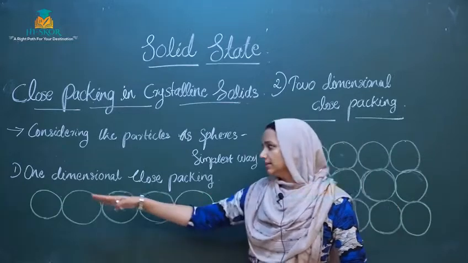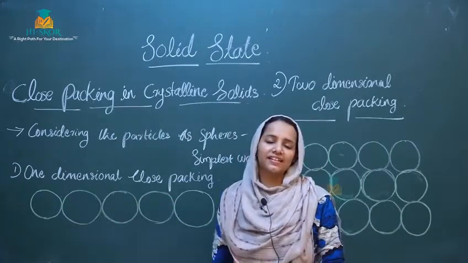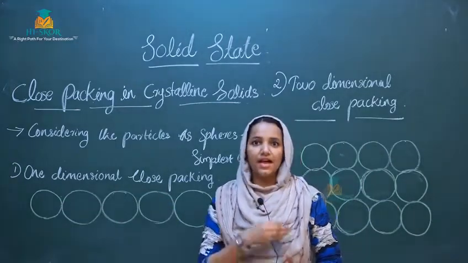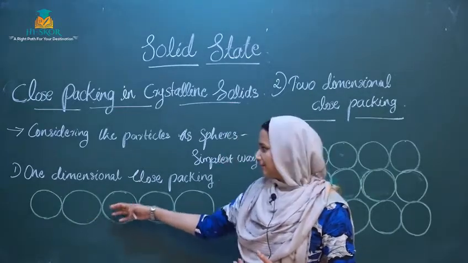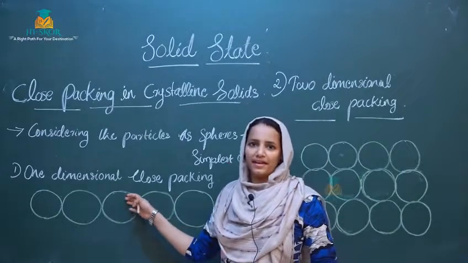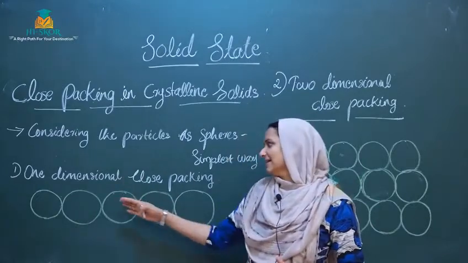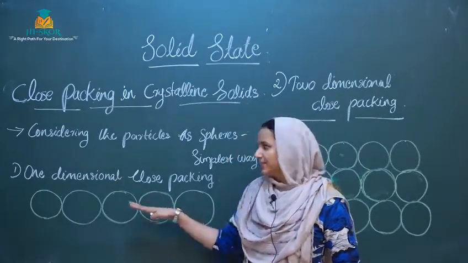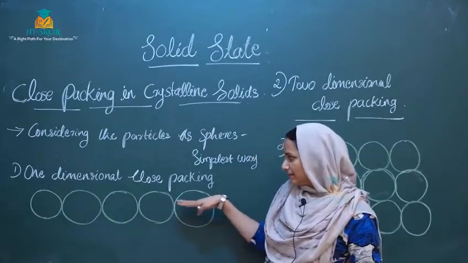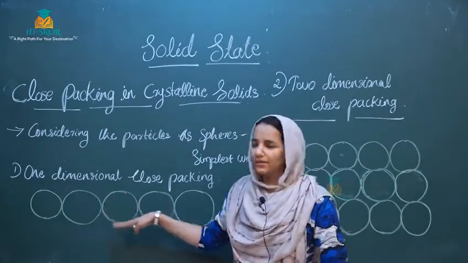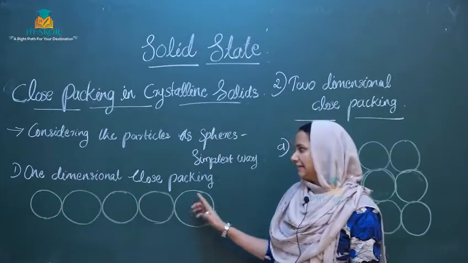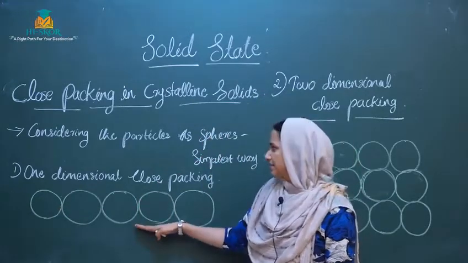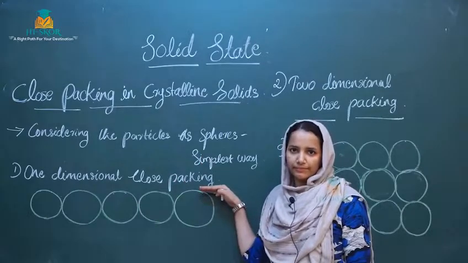As already told, the particles are equal size spheres. While drawing the figure the sizes may vary and look uneven, but you know the spheres are of equal size, so don't mind that. The spheres are arranged linearly in one-dimensional close packing.